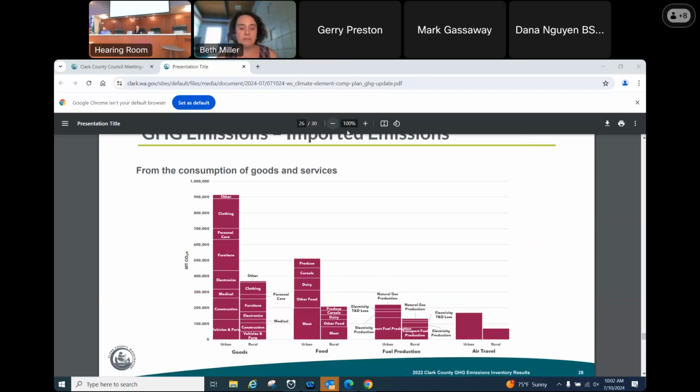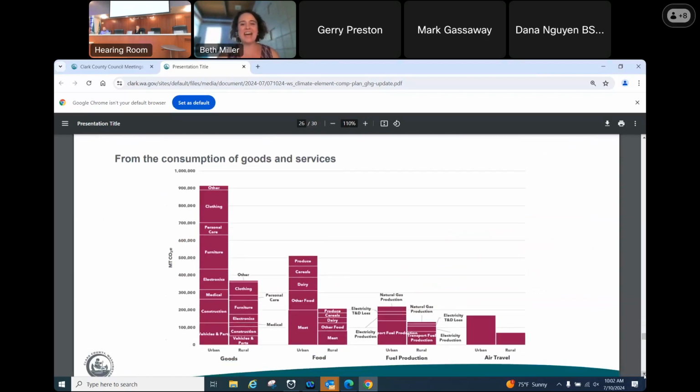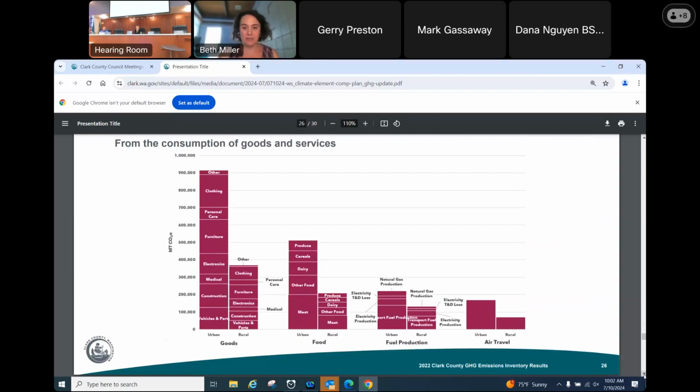And then this is a big breakdown of everything that everyone buys and the relative emissions from each of those kinds of things. Again, this section is estimated based on income distribution within the community. The more money you make, the more you buy, so higher incomes are associated with higher scope 3 consumption of food and goods emissions.